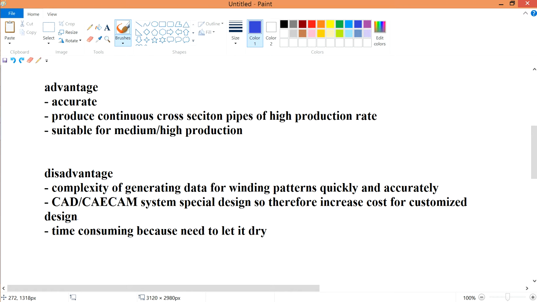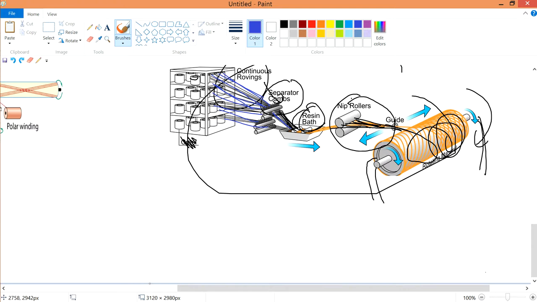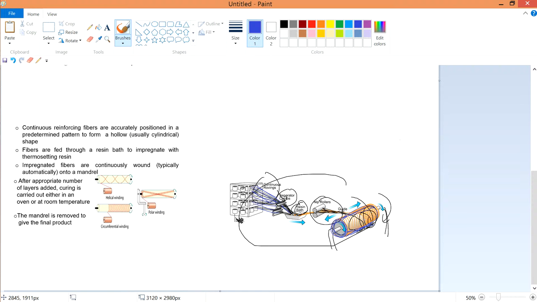So having a computer is more accurate, and it produces continuous cross-section pipes at a high production rate. If you think about it, this process is mainly for a cylindrical system, because it is rotating. So you can generate a very long piece of cylinder, and then you can cut whatever you want.